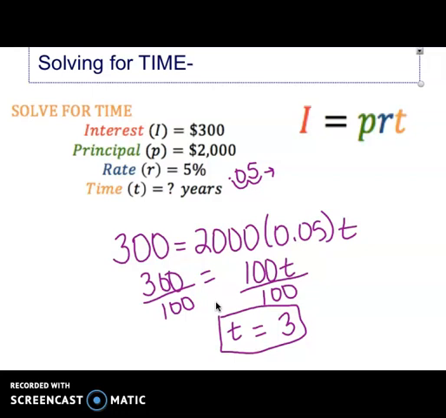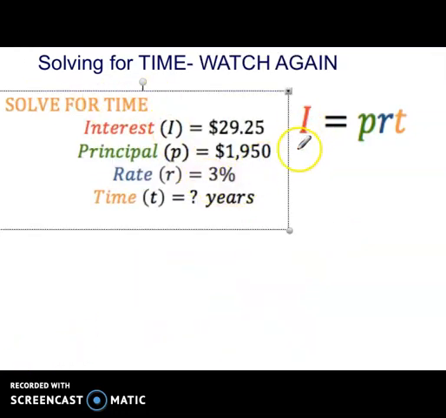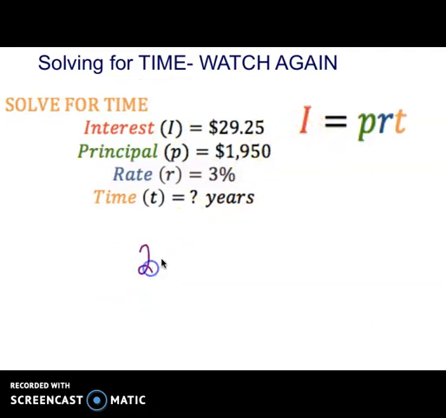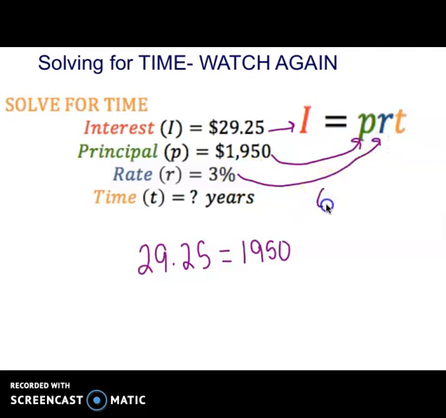You just sub in what you know and set up the equation. Watch one more time for solving for the time. The interest is $29.25. That's the I. The principal is $1,950. The rate is 3%, but don't forget I need to make it a decimal, and I don't know the time, so I can leave it as t.